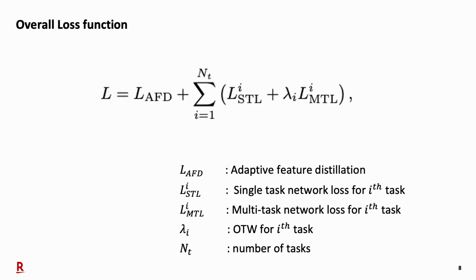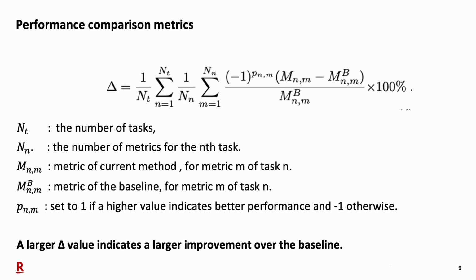The overall loss function is a combination of the AFD loss function, task-specific single task losses, and OTW-weighted multitask losses. The performance of an MTL network is good only when it works well for all tasks, and we use the metric delta for this purpose. A larger value of delta indicates a larger improvement over the baseline.